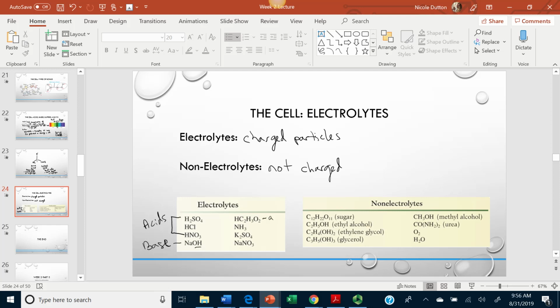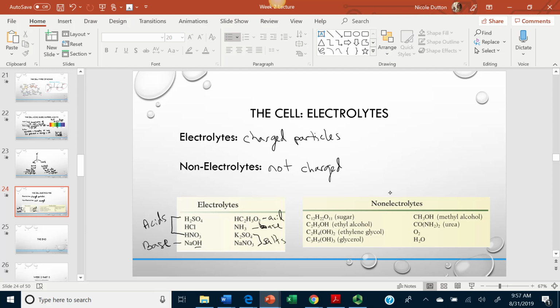This is another acid. This NH3 is an amine base. This is actually ammonia. And then here we go, there's a couple salts here. So salts can serve as electrolytes.